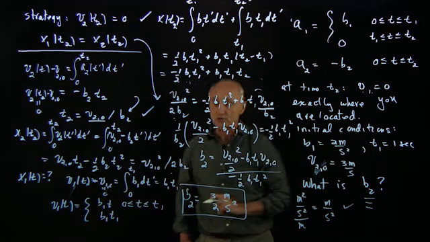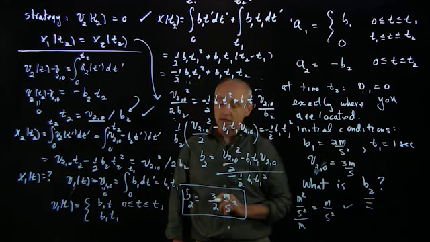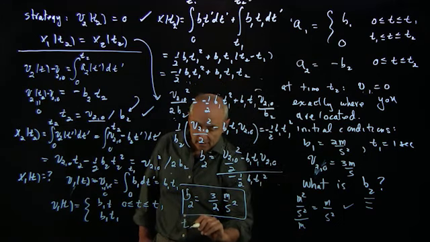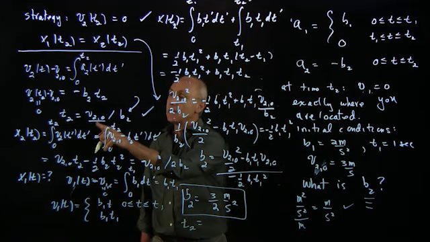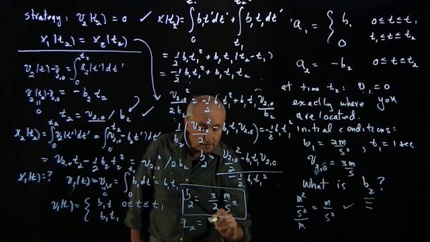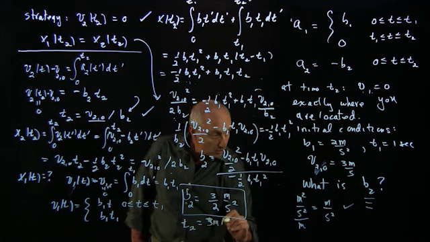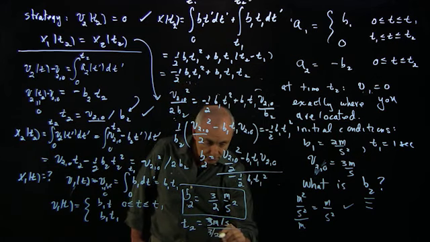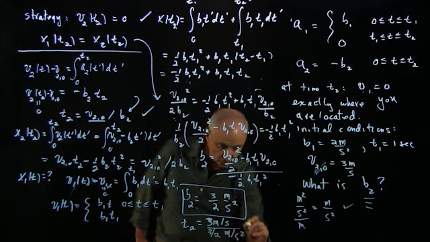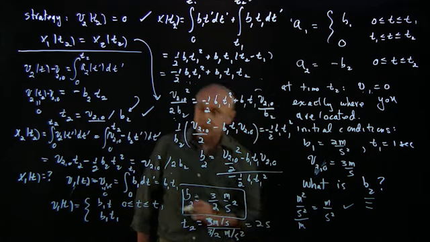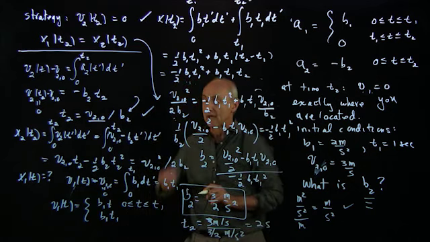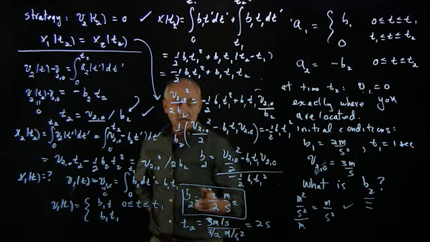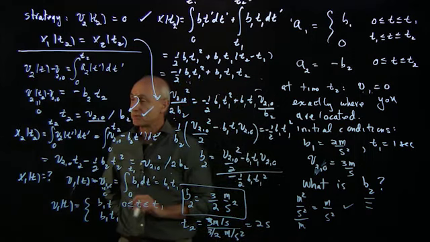If we want to check our result, we can then see what time we get. t2 is 3 meters per second divided by our b2, which is 3/2 meters per second squared. So that's 2 seconds.